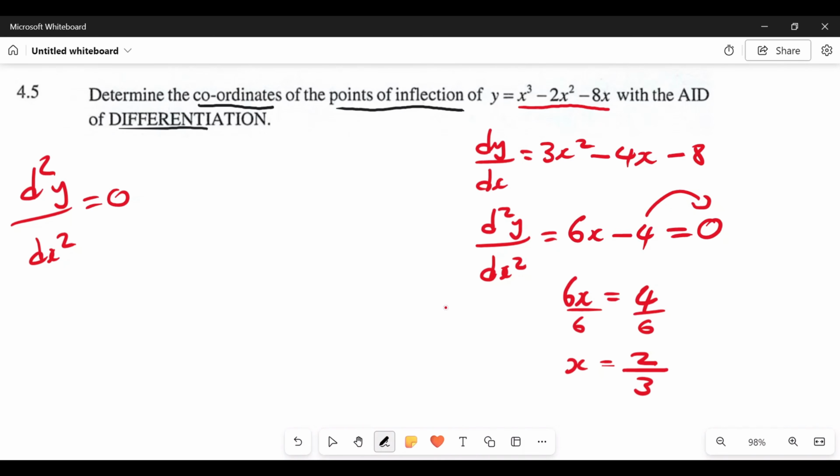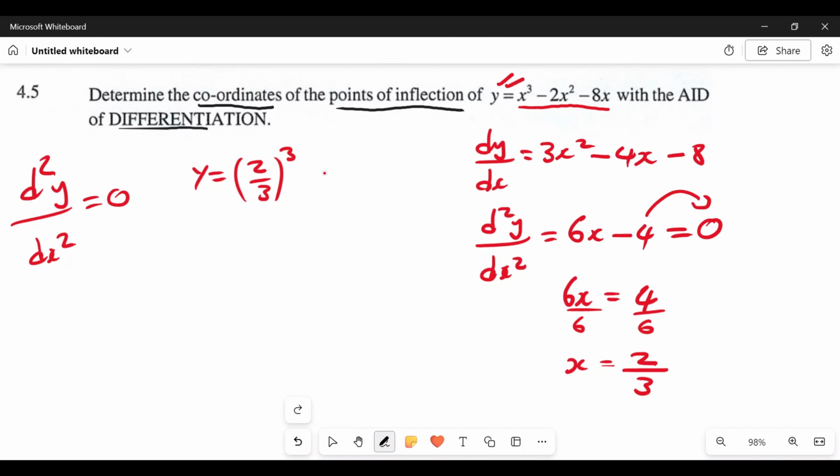Now if you are looking for the y coordinate of the point of inflection, you need to go back to the original equation from the statement. Wherever there is x, we must substitute with 2 over 3. Y is equal to, the first term is x to the power of 3, so 2 over 3 to the power of 3.